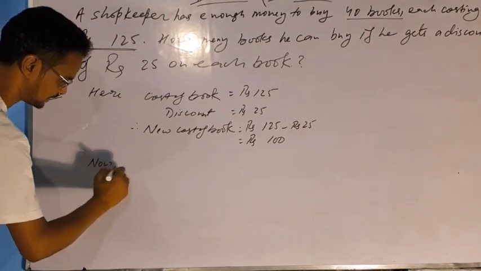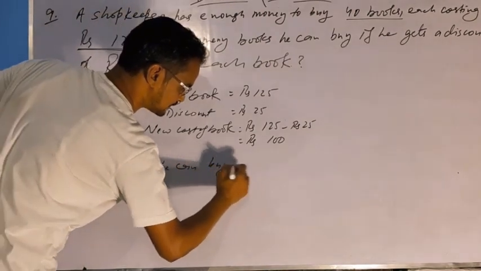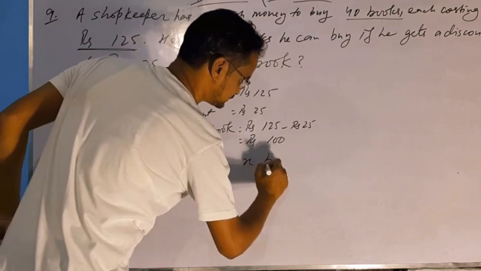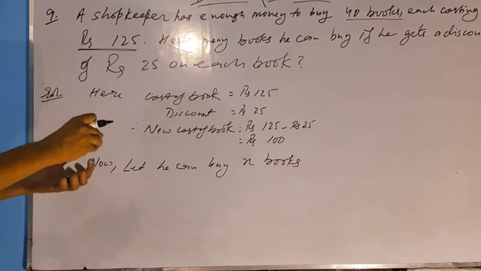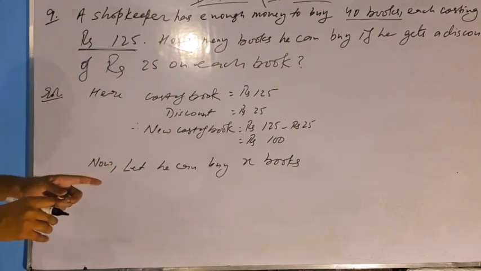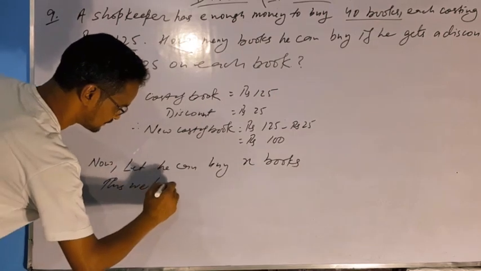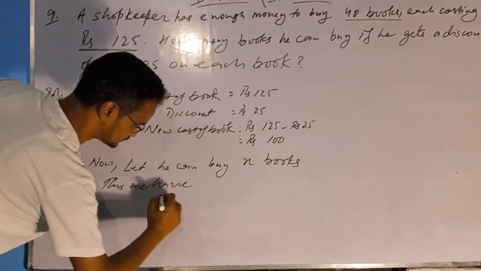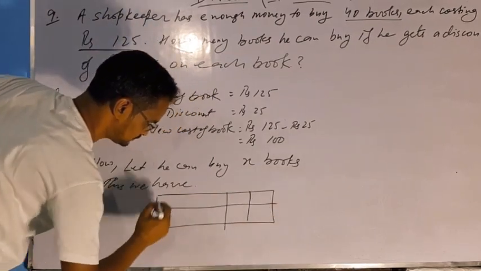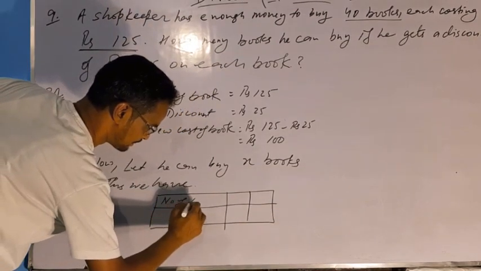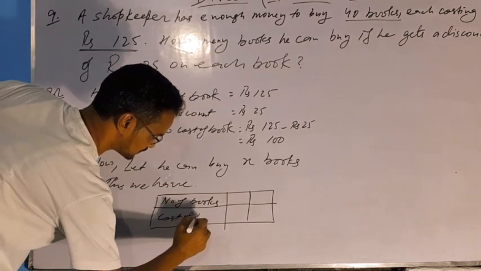Now, let him buy x books. Or you can write, let the number of books bought be x. Thus we have the number of books and the cost of one book.